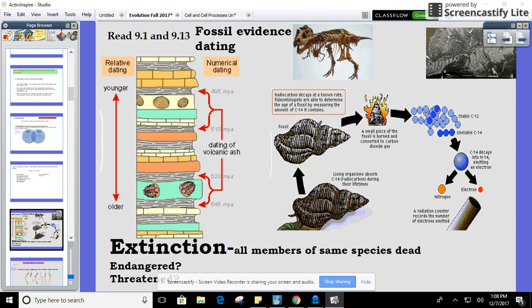The other opportunity is to use radioactive dating. When a piece of the fossil is burned, it's converted into carbon dioxide gas, and then I use a radiation counter to help identify the age. That's because all living things contain carbon, and they accumulate carbon-14, which is radiocarbon, during their lifetimes.